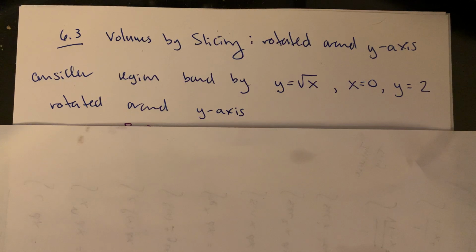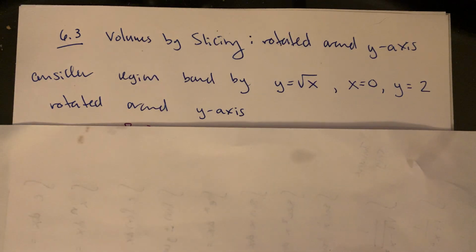If you're doing any kind of vertical rotation, that is around the y-axis, you're going to want to set it up with respect to the y values, where your functions are x equals something in terms of y, rather than y equals in terms of x, which we would think of as standard. Again, all of this is arbitrary, but for the most part, the way we write things, I think it's fair to say the x perspective is the standard, and the y perspective is the secondary.